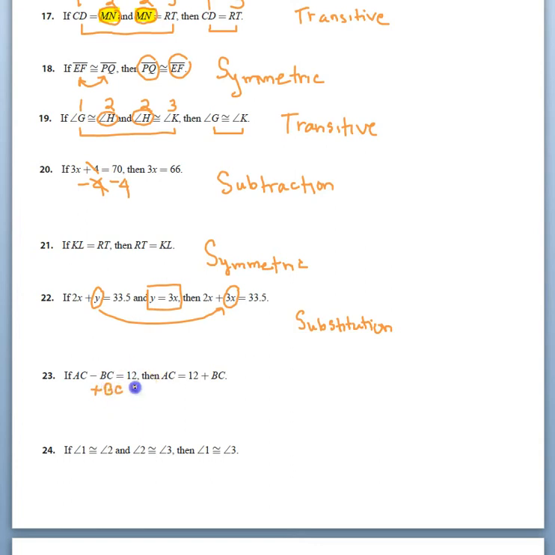So to do that, I would have to add BC to each side of the equation so that minus BC and plus BC cancel. And if I do that, I would get AC on the left side of the equal sign, and then I would have 12 plus BC on the right side, and that's actually what I want. That's what I have here in this statement. And how did I get there? That's what you're writing down, is how did I get from the first part of the statement to the second part of the statement. In this case, it's just by addition. So we just write by the addition property.